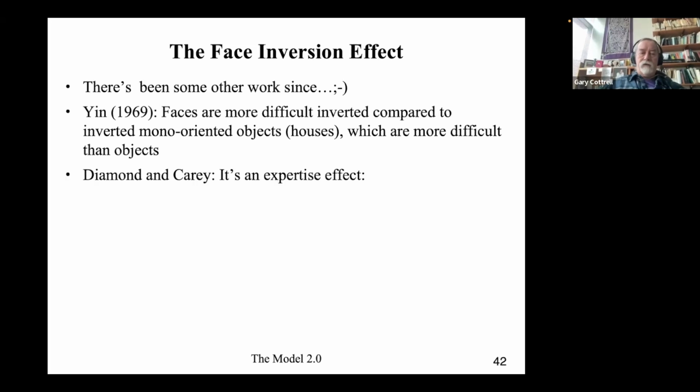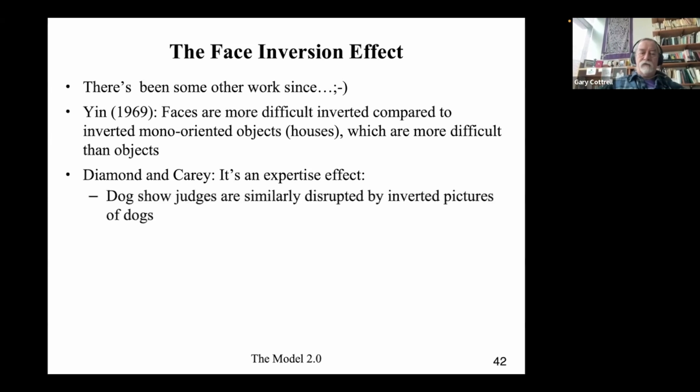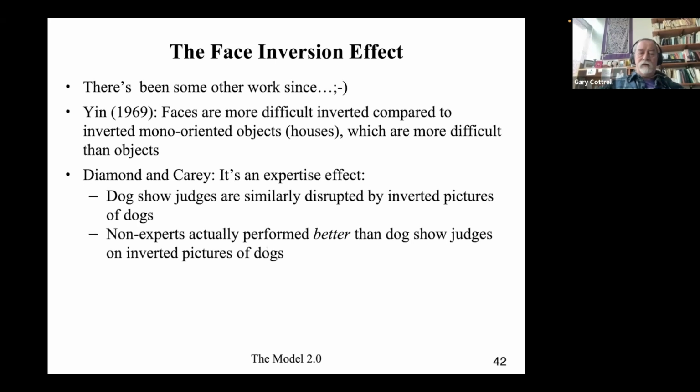And then another touchstone is Diamond and Carey's experiment that said it's an expertise effect. So they showed that dog show judges were similarly disrupted by inverted pictures of dogs. And in one of their experiments anyway, non-experts actually performed better than dog show judges on inverted pictures of dogs.